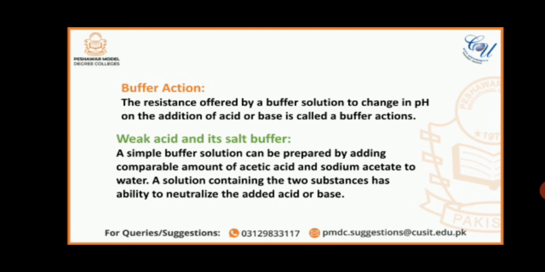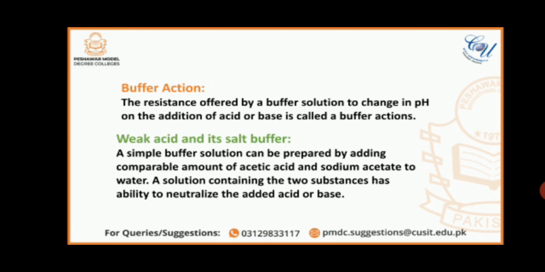Now we are going to discuss the types of buffer and their buffer action in detail. So number first, weak acid and its salt buffer. A simple buffer solution can be prepared by adding a comparable amount of acetic acid and sodium acetate to water.